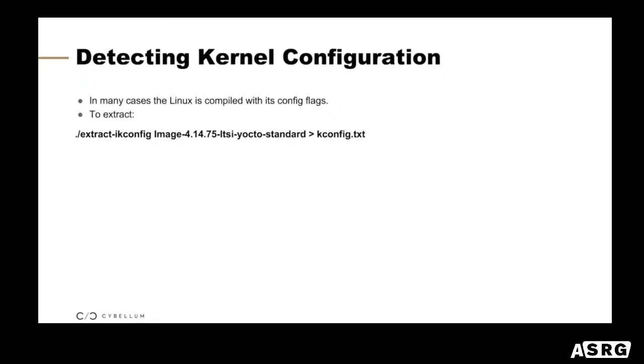It's part of the distribution of Linux, and it is possible to extract the config flags into a file, and you will see in this file whether a module is enabled or disabled in this compilation of the kernel, so you can easily see whether it has CONFIG_ZRAM or does not have CONFIG_ZRAM. And of course, you can investigate any of these on the internet to understand whether there is a config flag, and typically for modules there is, and if it is enabled or not in the kernel configuration file.